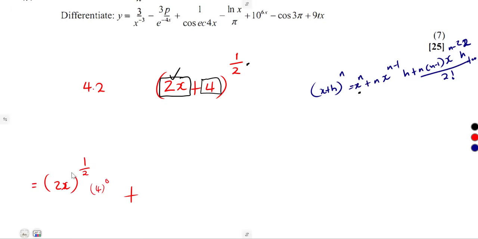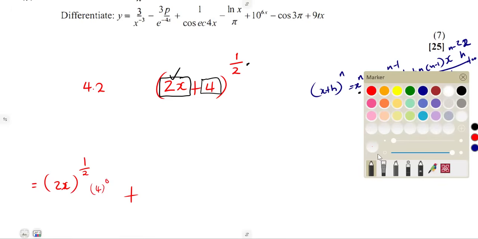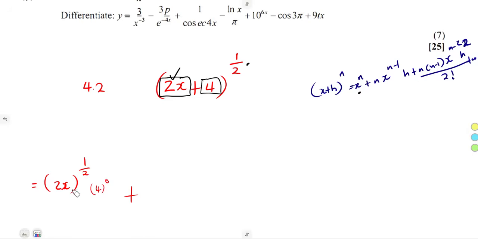Then the next part: the first term raised to the exponent is the one that you focus on. You differentiate the exponent. You do like this, guys. You remember the concept of a derivative from the power rule. X to the exponent of n, you drop the exponent, then you subtract 1.